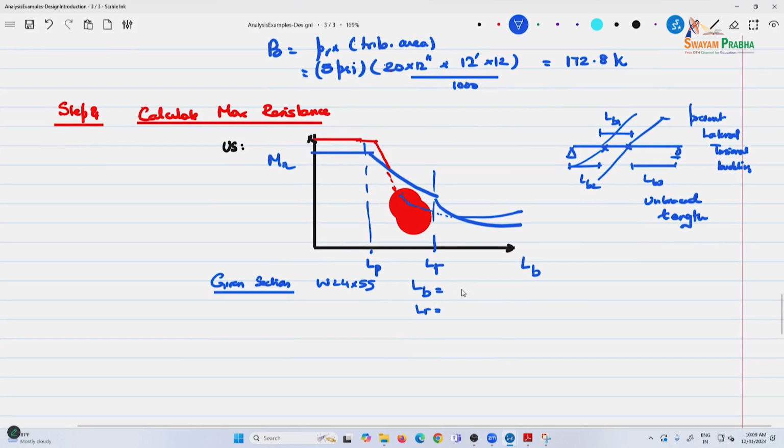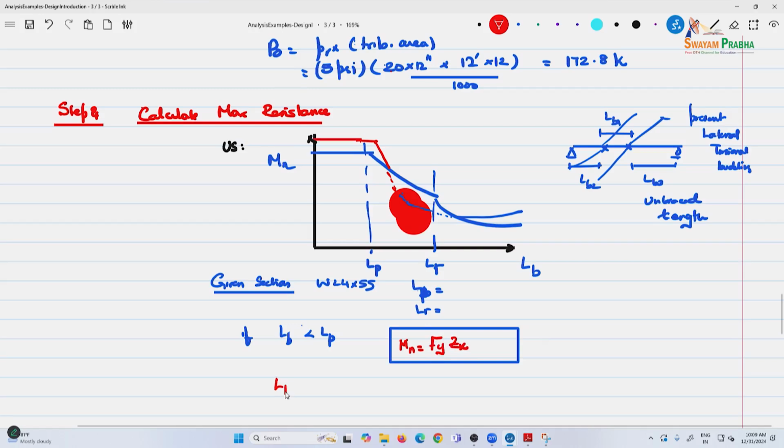So, you have this as so many feet, LP, the plastic length, and then you check: if the unbraced length is less than LP, then your moment capacity, and most of the time you want to design in this region, is nothing but Fy Zx. This is your unbraced length.